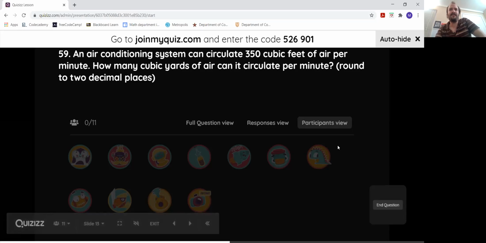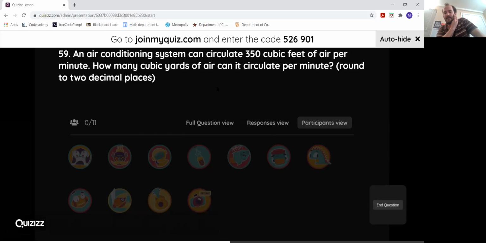So if my conversion factor is 1 yard to 3 feet, what is 1 square yard? How many square feet is 1 square yard?